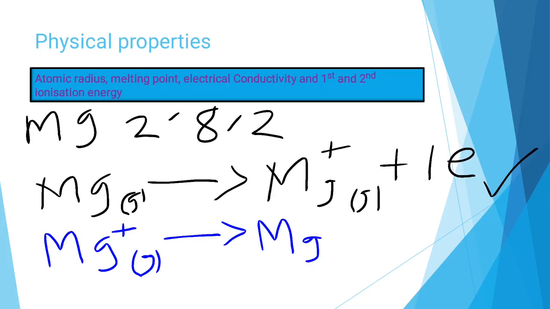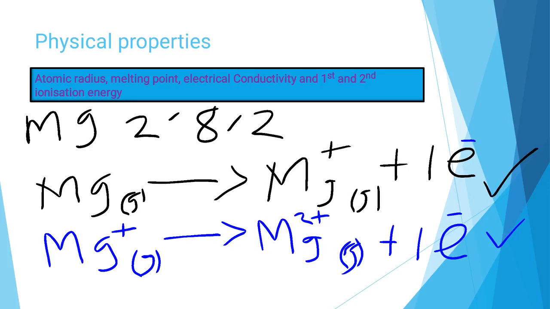After losing the second electron, it becomes positively charged 2, and still it is gaseous, plus it has now lost another electron. When it does like this, we call this now the second ionization energy.